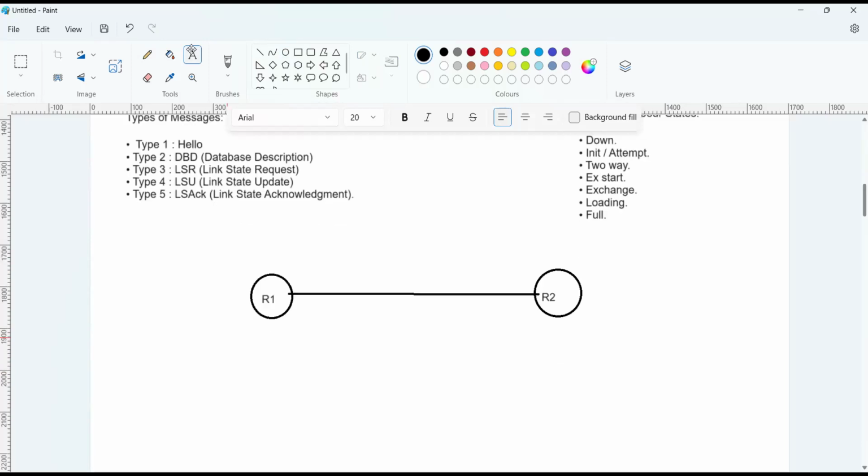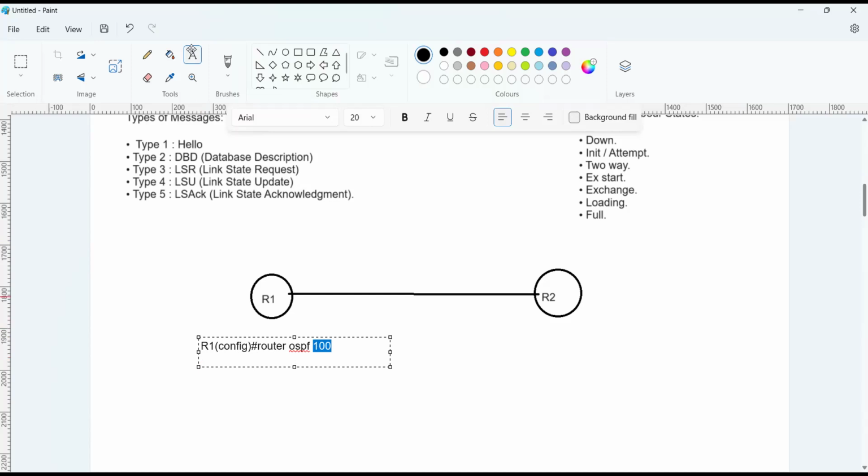We enable it in R1 with the command: config, then router ospf and a process ID, anything. The process ID is local, under an organization; every organization will use different process IDs.